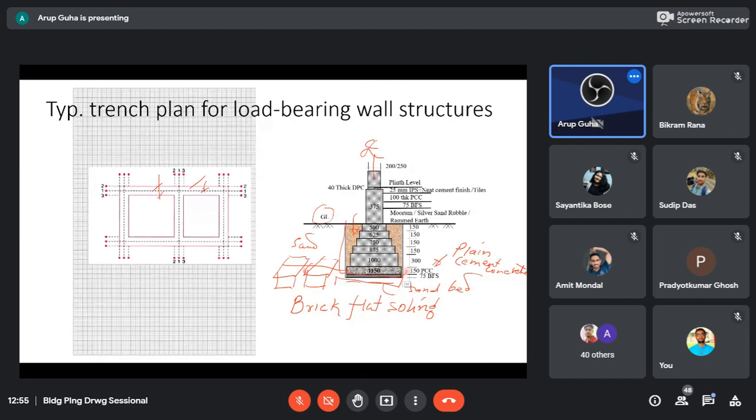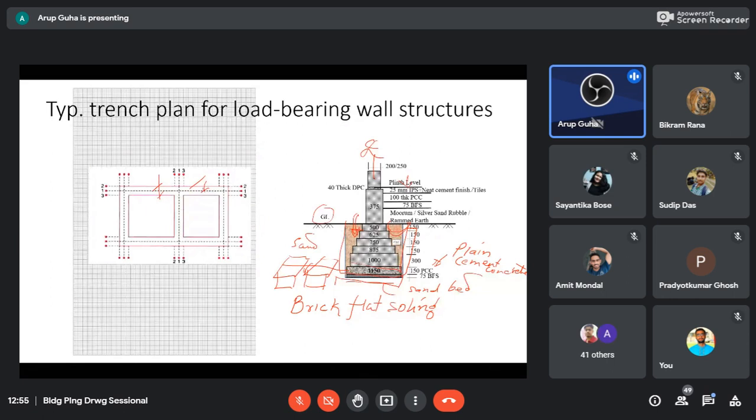So we dug this trench, and then this brickwork has been made, and then the rest part is filled with sand and or earth or whatever. If it is filled with earth, it must be rammed hard so that there is no settlement left. Means it has to be made dense. If it is loose soil, then after some time this may sink, and ultimately what happens, your floor gets cracked.